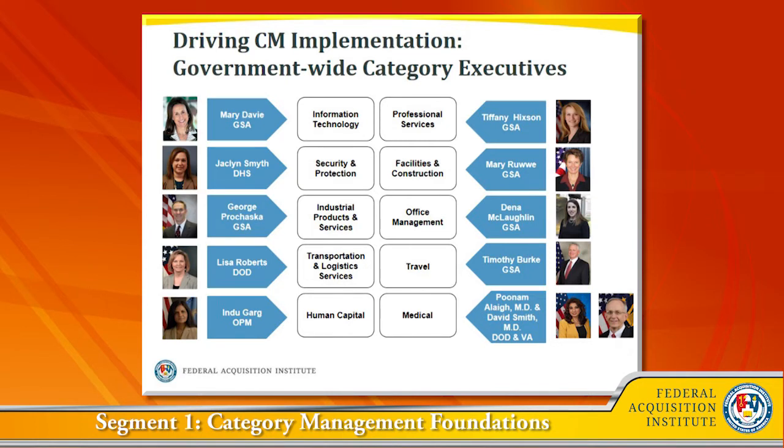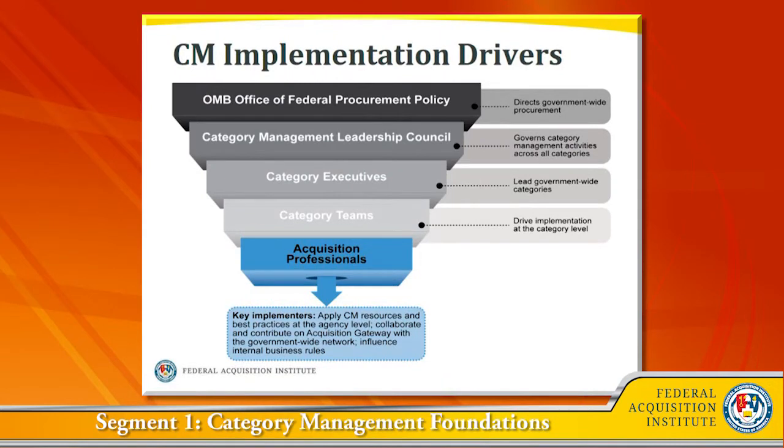Each category has one executive, with the exception of the medical category, which has two. Each of those category executives relies heavily on an interagency team to share best practices, identify and evaluate best-in-class solutions, drive strategic initiatives, and assess performance within their respective categories.